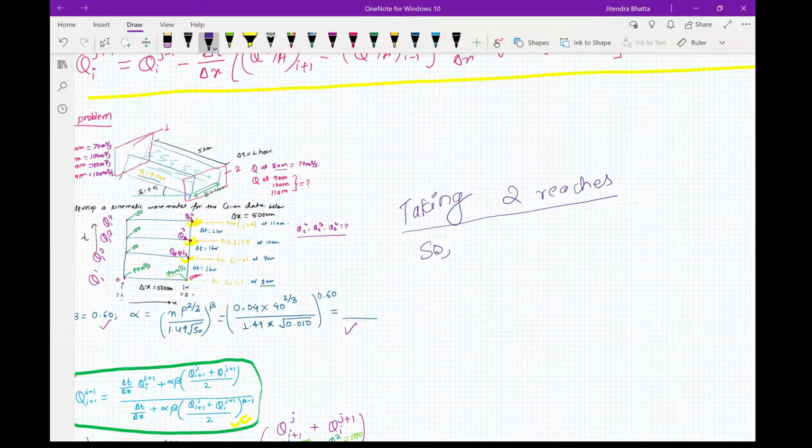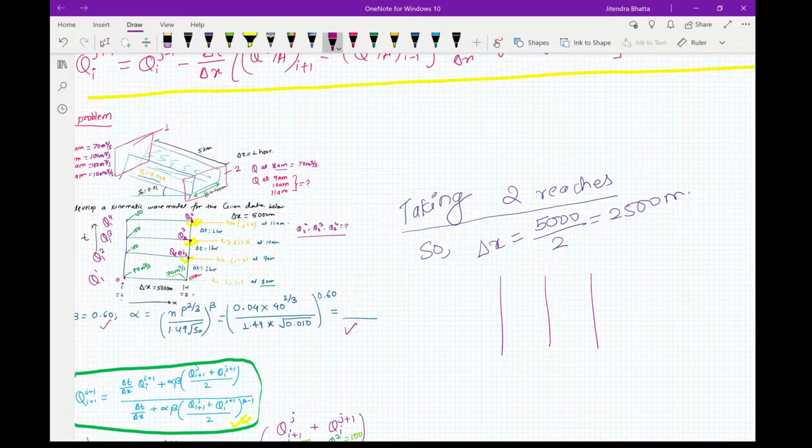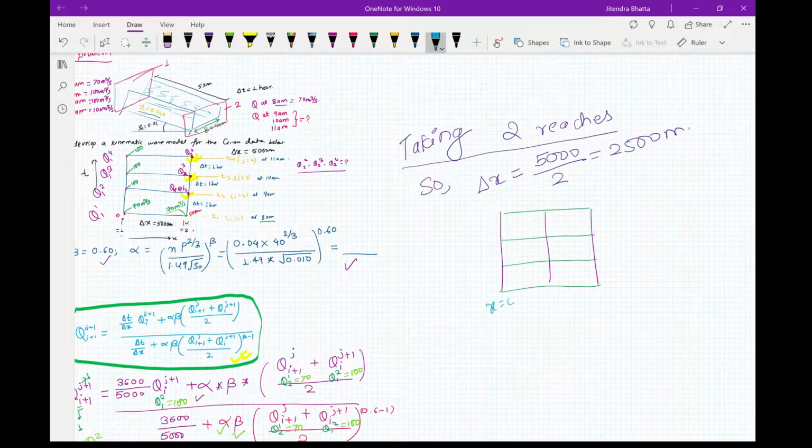So here your delta x would be equal to 5000 by 2, which is 2500 meters. Therefore, you'll get 3 grid lines here, and here you'll have 4 grid lines. This will be at x equals 0, at x equals 2500, 2.5 kilometers, and at x equals 5 kilometers.